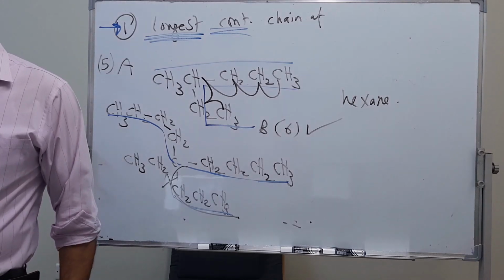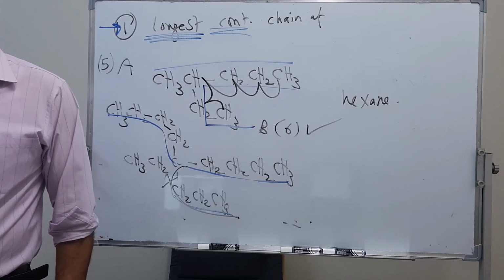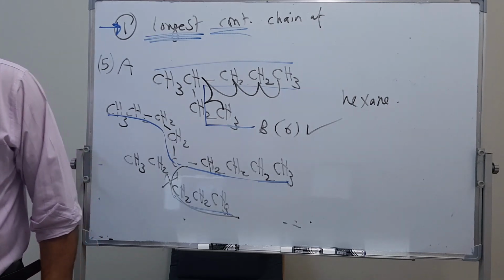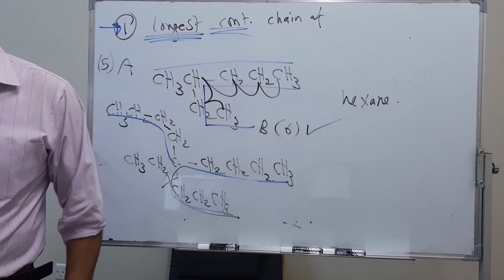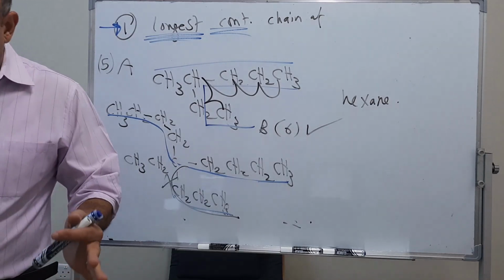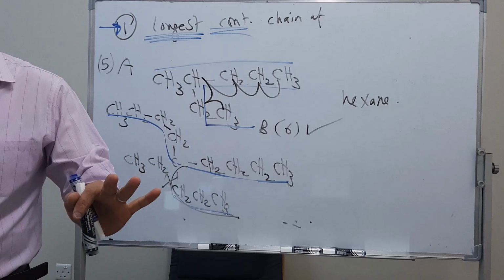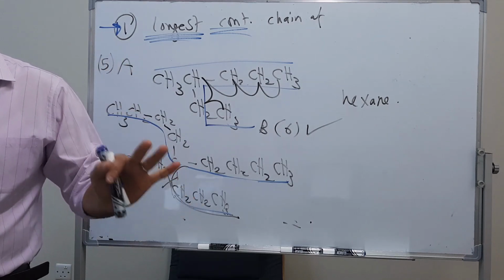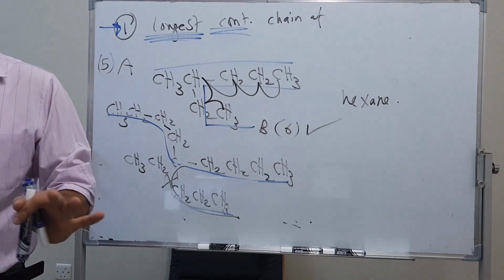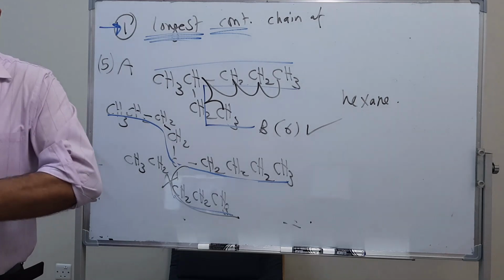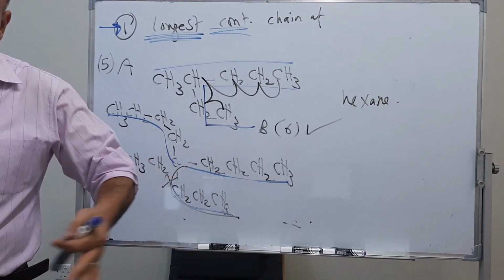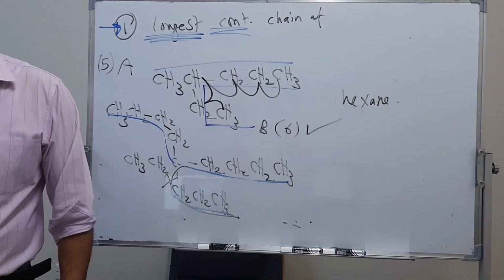That's a very good question, Shayma. Very nice question. The question of Shayma: what if there is another atom, not only carbon? We don't consider that now. The parent name is always related to the longest continuous chain of carbon atoms. If there are other atoms, we will come to that when we deal with other functional groups.